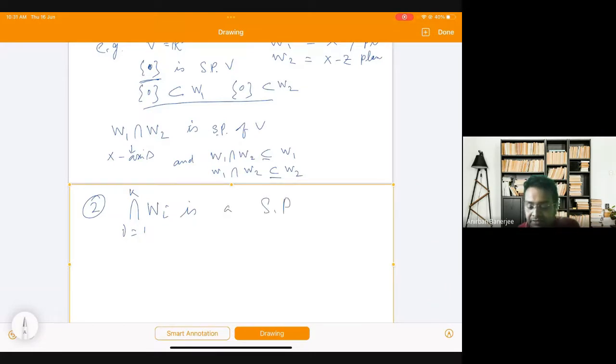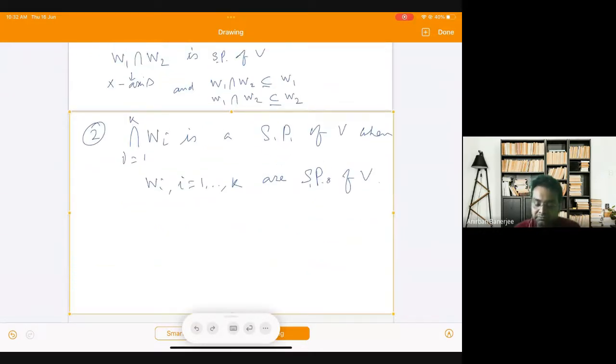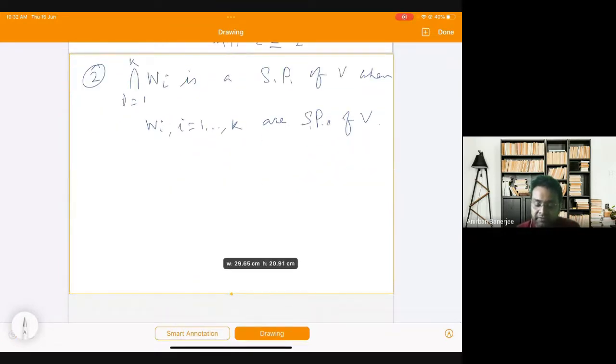a subspace of V when Wi, where i equals 1 to k, are subspaces of V. I mean, you can iteratively show that, it's so easy.